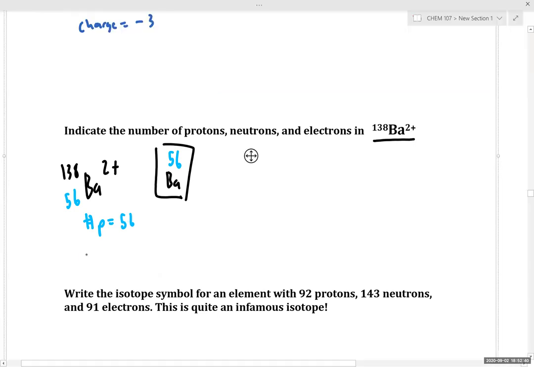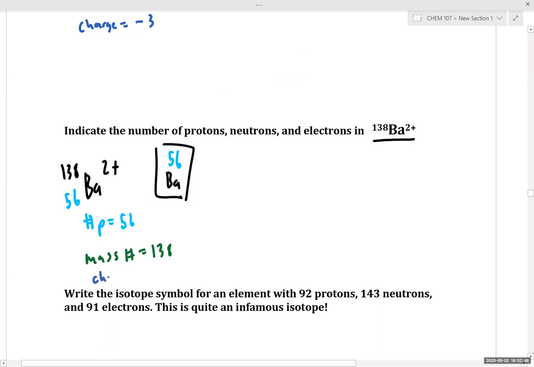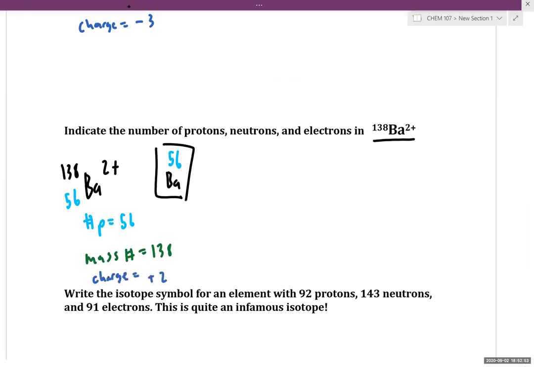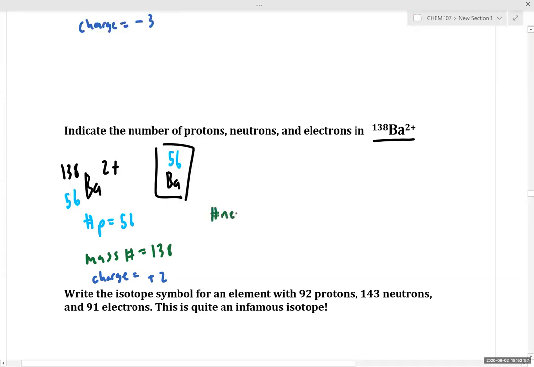Our mass number is equal to 138. And our charge is equal to +2. That gives us our number of neutrons: 138 minus 56, which gives us 82.